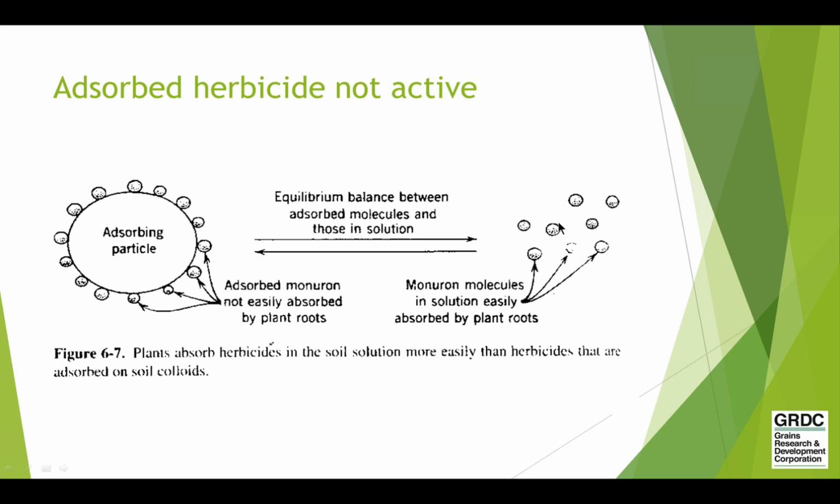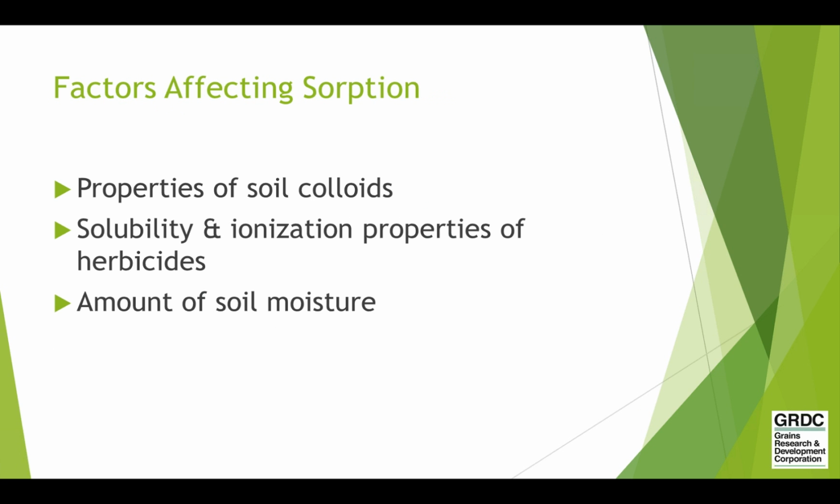And it is this concentration of the free herbicide, or the herbicide in the soil water, that determines its biological activity, both for degradation as well as plant uptake. Any herbicide that's tightly bound to the soil particle is really not available to the plant or to the soil microorganisms. It is this concentration in the soil water that also determines how rapidly it can leach out of the upper parts of the soil.